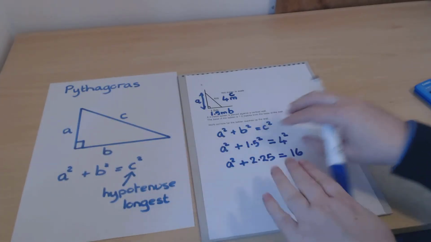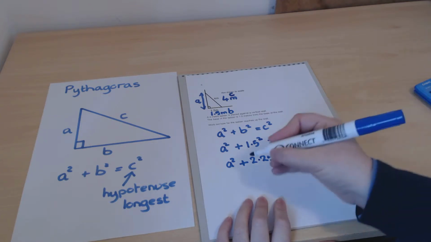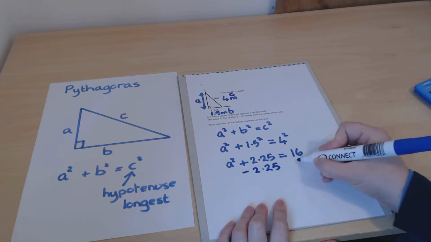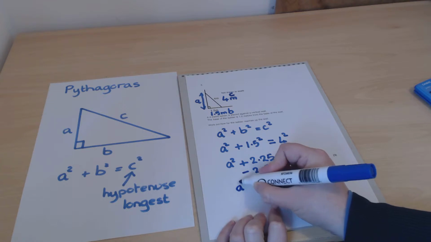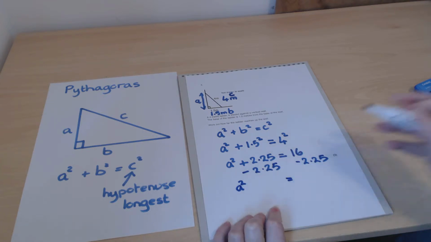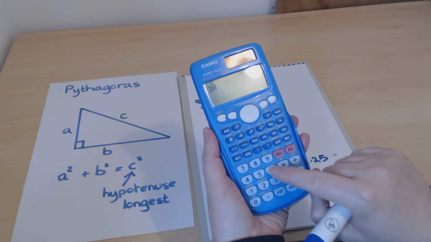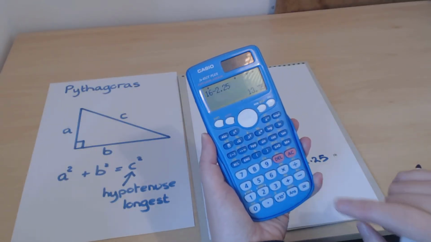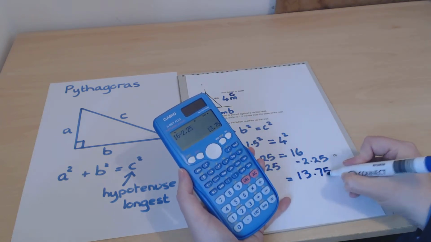So we want to know what A is. We've got to solve this equation now and work out what A is. So we're going to take away 2.25 from both sides. So we'll have A squared left on this side, and on this side, use your calculator if you want to, we've got 16, take away 2.25, which equals 13.75.